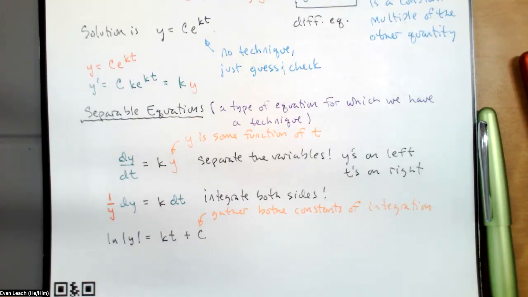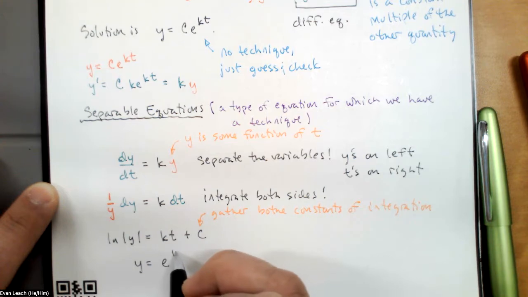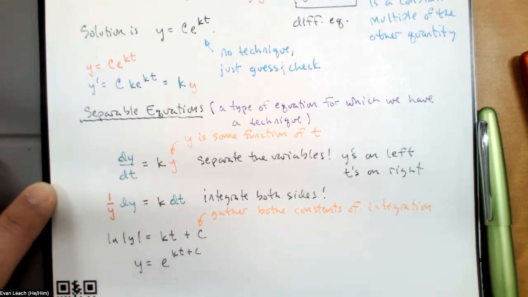Now I have a relationship between y and t, so I could solve for y to figure out what the function is. If the natural log of y is kt plus c, then y is e to the kt plus c.